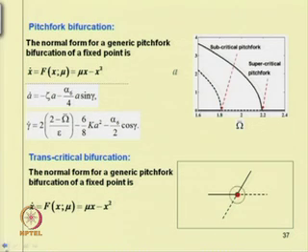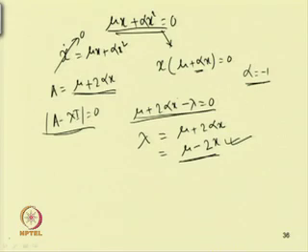In this case we have seen the trivial solution. One solution is, from x into mu plus alpha x equal to 0, the equilibrium position x equal to 0. That is the trivial solution, and also we have a non-trivial solution, by putting mu plus alpha x equal to 0, with alpha equal to -1.